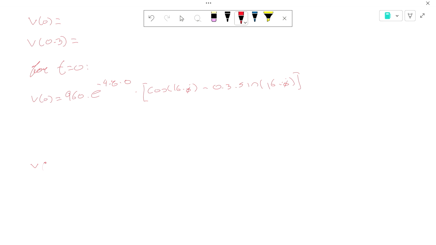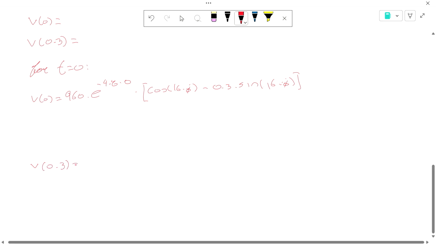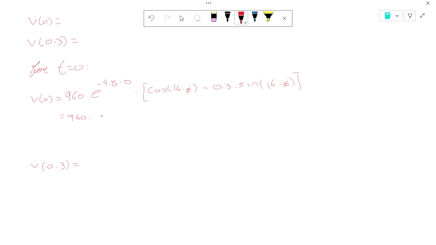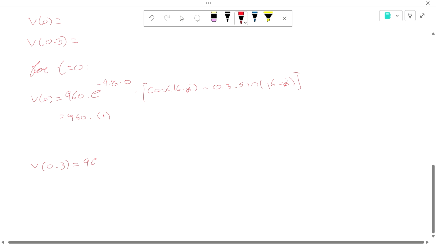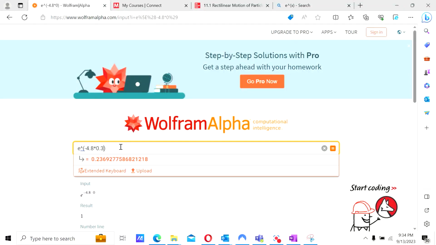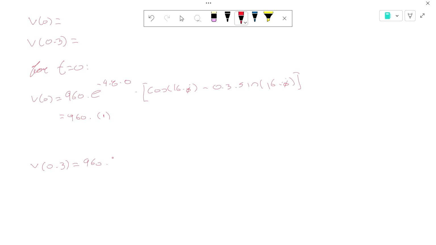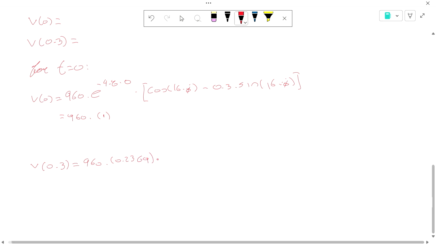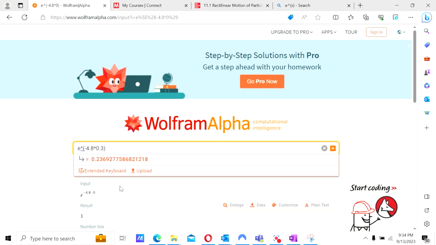To save time, we're gonna do this whole thing at the same time. Okay, so this is 960 times 1. And this is 960 times, this is where I wanted to check, 0.3, 0.2369 times, okay, cosine of 0 is 1 as well.